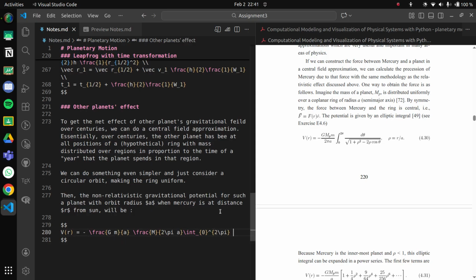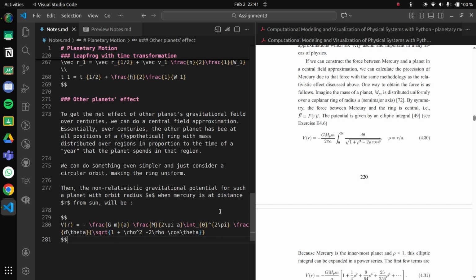So you just want this whole thing, so just write that down, d theta upon the square root of 1 plus rho squared minus 2 rho cosine theta. Yeah, cool. That's about it.